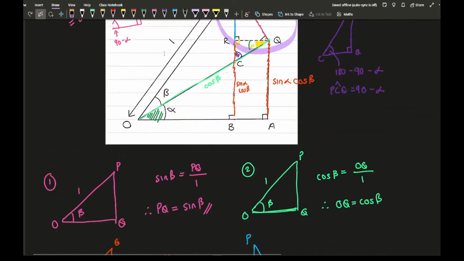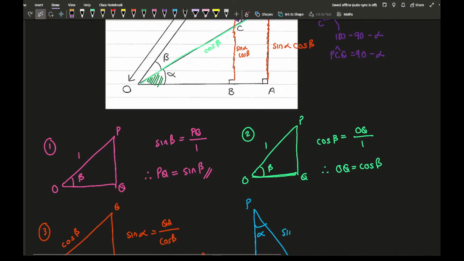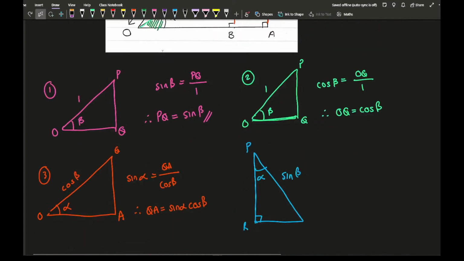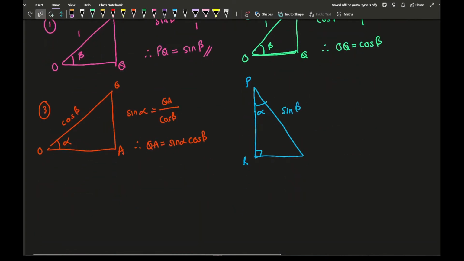And I know that this length here is sine beta. So using the adjacent and the hypotenuse, cos alpha is going to equal P to R, which is what I'm wanting, over sine beta. So therefore, P to R is going to be cos alpha sine beta.